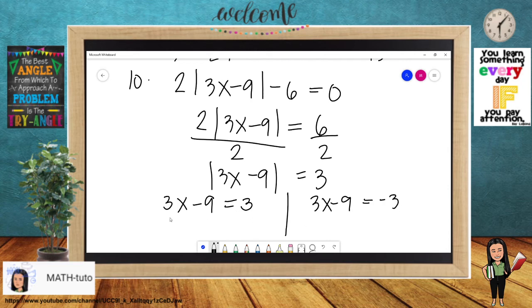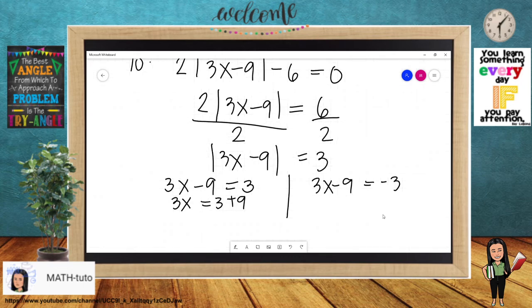Okay? So, here we have 3x equal to 3 plus 9. We have here 3x equal to 12.